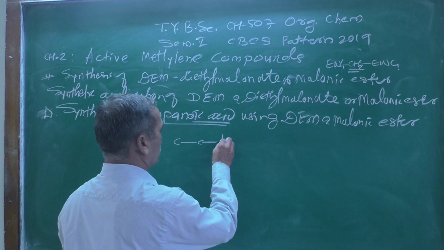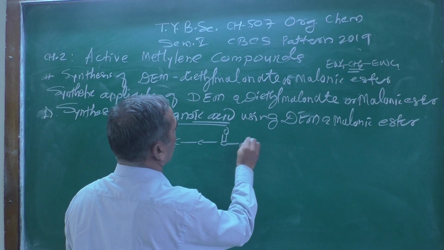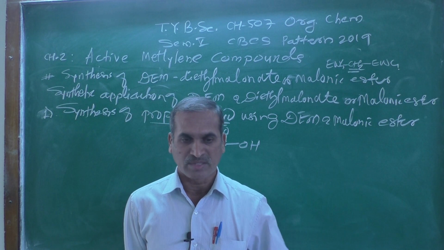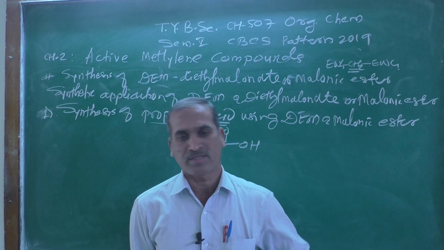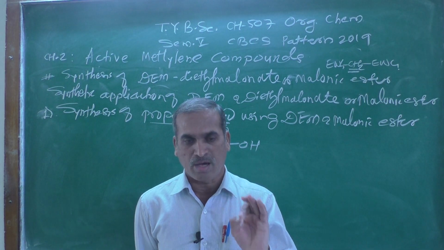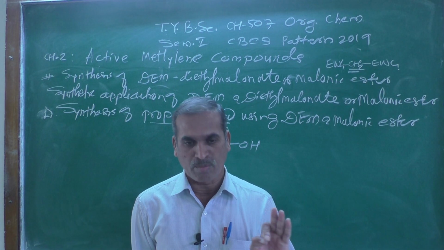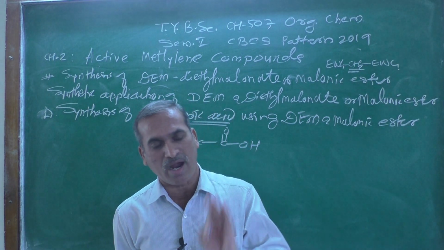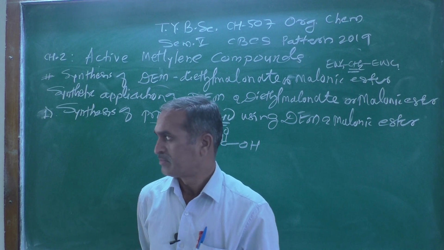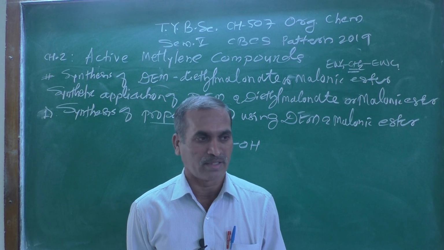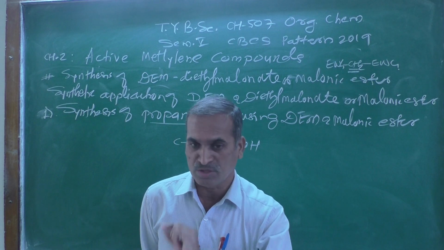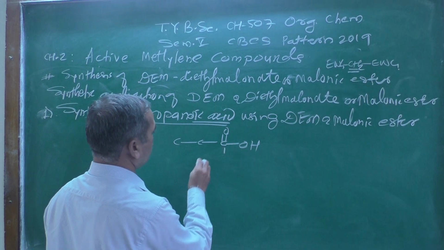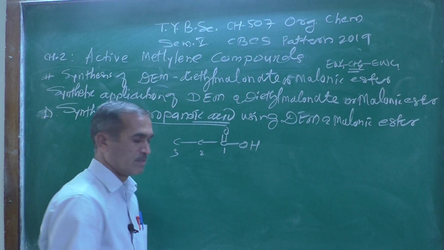So here, C double bond O, then OH. While numbering the carboxylic acid, the carbonyl carbon always gets the number 1, starting from the carbon atom containing the carboxylic group. So give the numbers 1, 2 and 3.